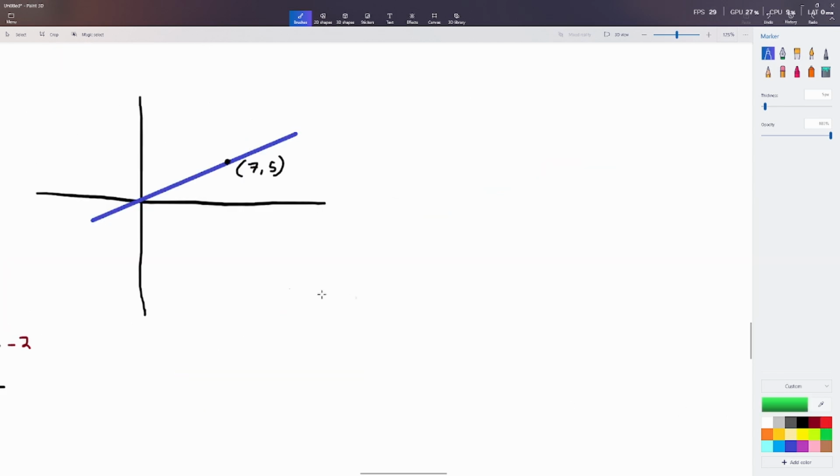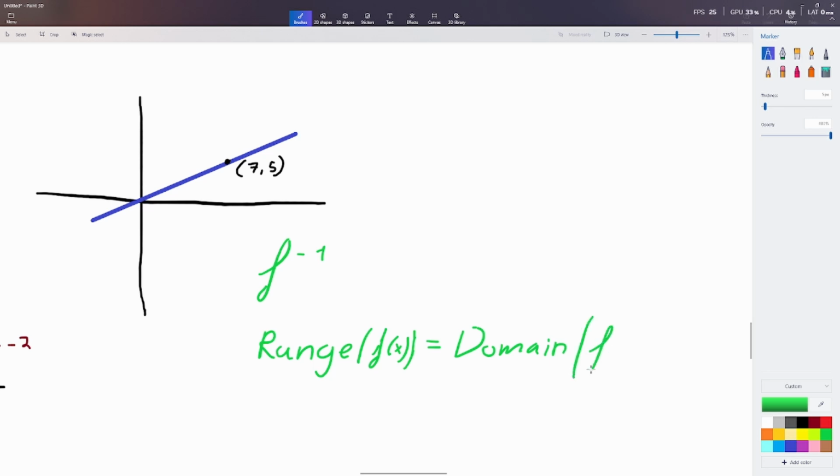And you always have to know that if you have an inverse function, the range of the normal function is equal to the domain of the inverse function, f minus 1 of x. Exactly.